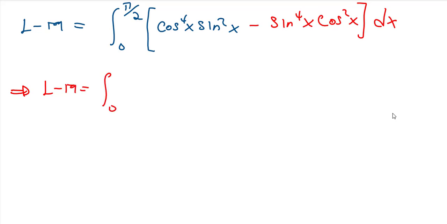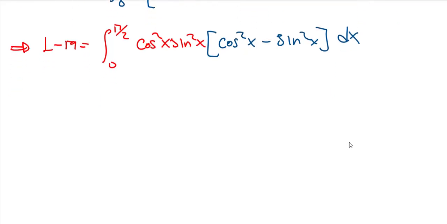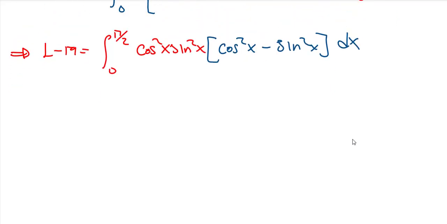L minus M will be equal to the integral from 0 to pi on 2 of, so we clearly see that here we have cos squared is common, sine squared is common. So I'm going to factor out cos squared x sine squared x. What will be left is cos squared x minus sine squared x dx. Now we are going to change variables, but let's simplify this first.